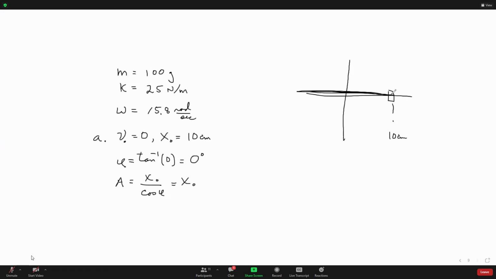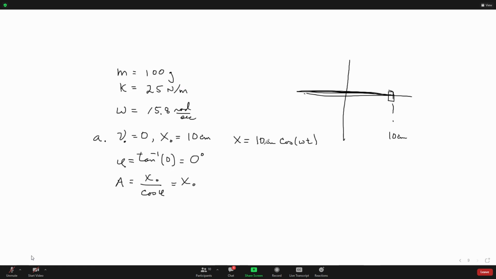I'm at rest. I let it go. And the amplitude of the motion is clearly going to be 10 centimeters. And the phase angle has got to be 0, because the solution here is x equals 10 centimeters cosine omega t. When t equals 0, x is just equal to A, the 10 centimeters.